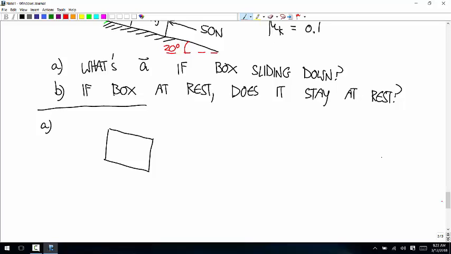Okay, so free body diagram. You have the weight force straight down. You have a 50 Newton force there, a normal force there. It's sliding down the ramp. That means the friction force is up the ramp.